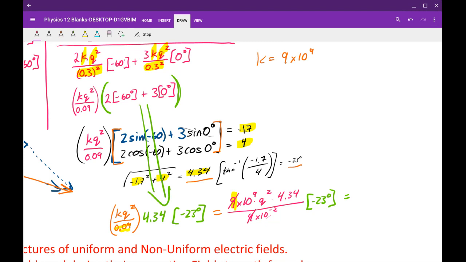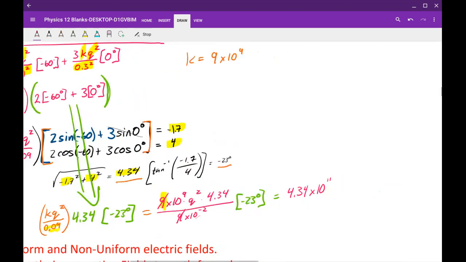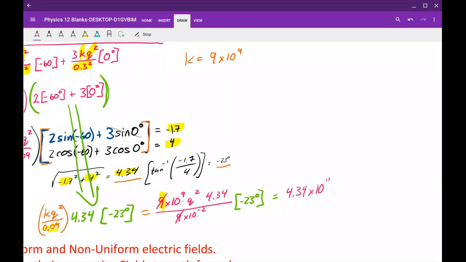And this is all at negative 23 degrees. So the final result is 4.34 times 10 to the 11 times Q squared, at negative 23 degrees.